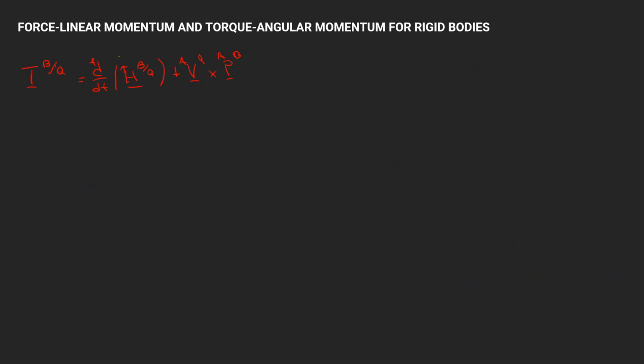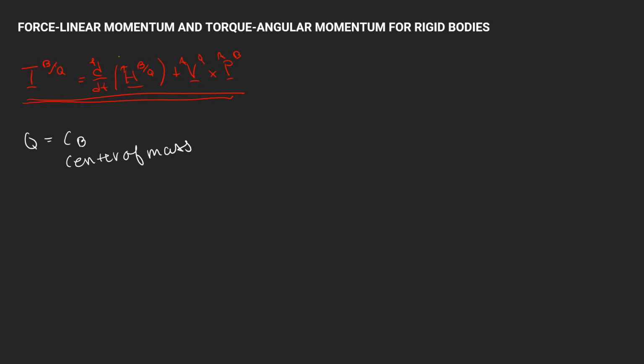So as I mentioned, the torque angular momentum relationship in this form is not particularly easy to use. However, we can simplify this equation. I'm going to show you 3 different ways in which you can simplify it. The first is when you set Q, the point that we're taking the torque about, equal to the center of mass of the rigid body.